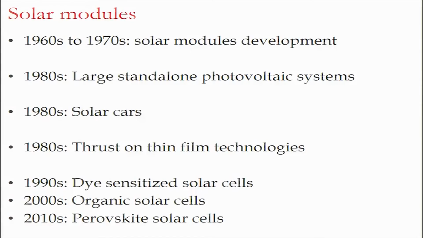And then with the discovery of new materials, in the 1990s Gratzel's group discovered the dye sensitized, that is electrochemical, solar cell. In the 2000s a lot of research was done on organic solar cells, which are based on polymer and plastic based materials. And in 2010 we have intensive research on perovskite solar cells, and somewhere in between we also have multi-junction solar cells.